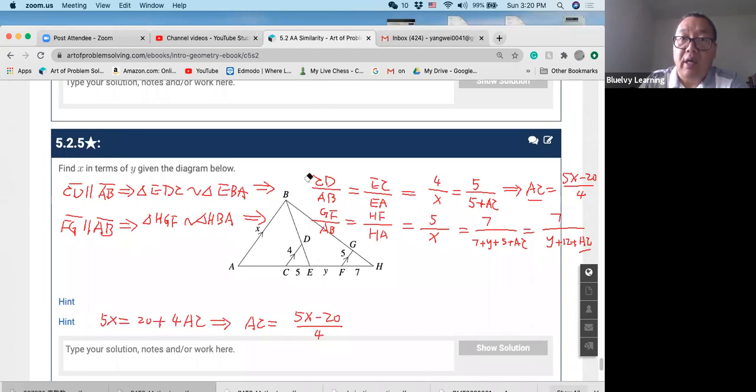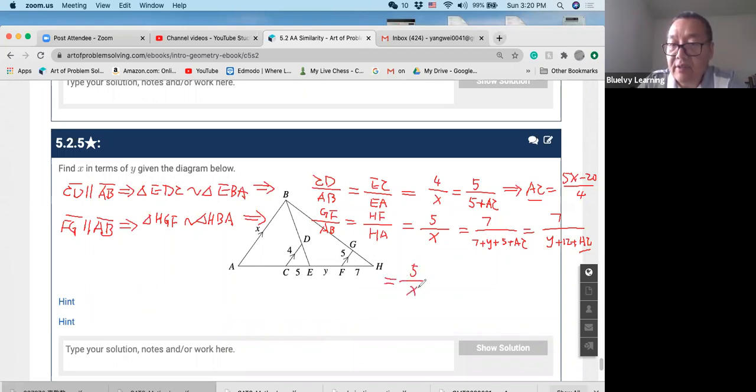Now if we plug that expression here, this equation will be 5 over x equals 7 over y plus 12, then plus 5x minus 20 over 4. We got this equation. Now let's do cross multiplication.